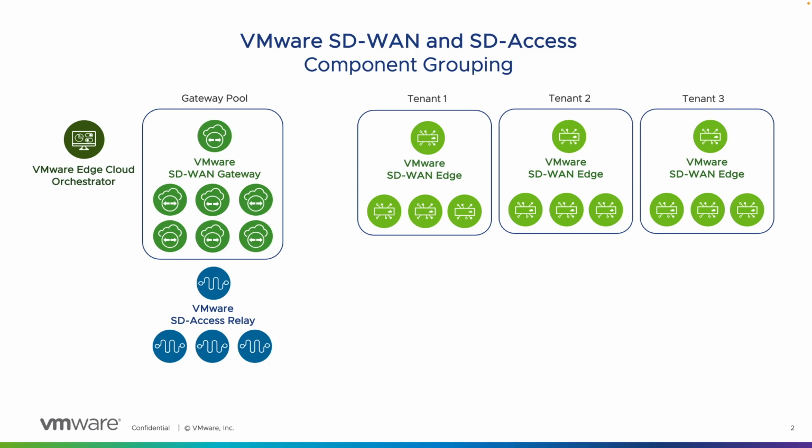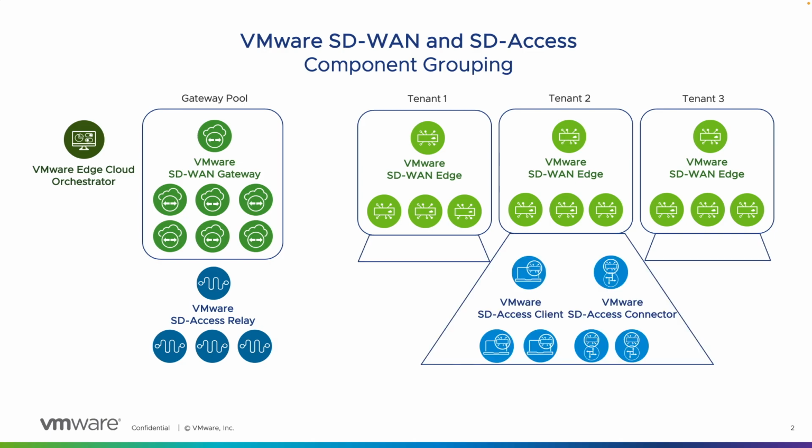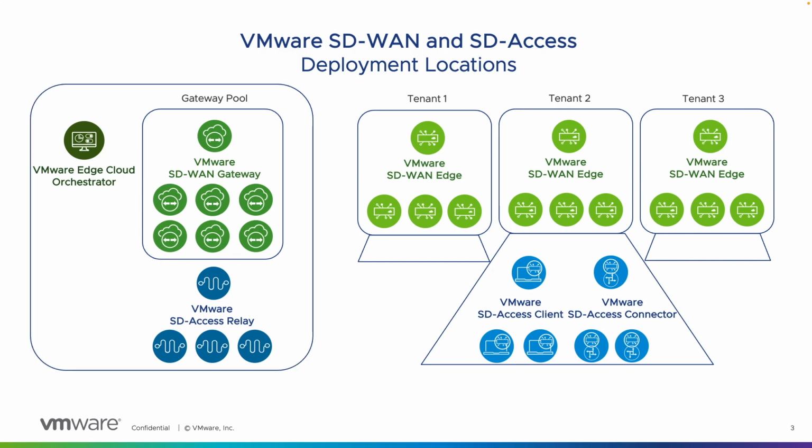These are made use of by SD-Access clients and SD-Access connectors that are associated with the orchestrator tenant they were provisioned with. For the VMware hosted model, orchestrators, gateways, and client relays are consumed as a service and are fully managed by VMware in globally distributed edge POPs.